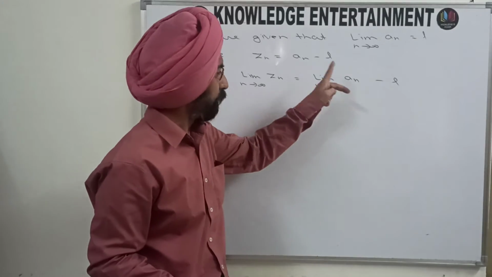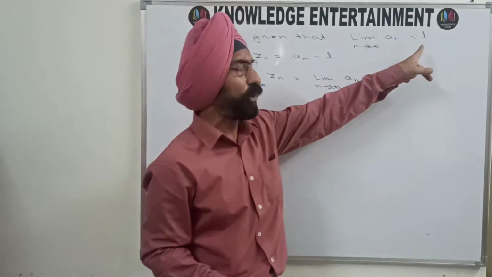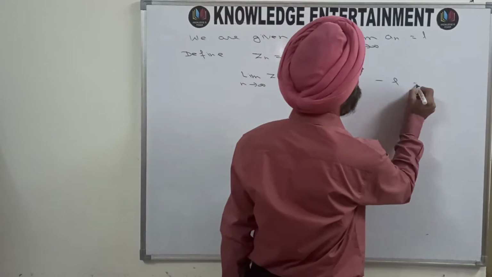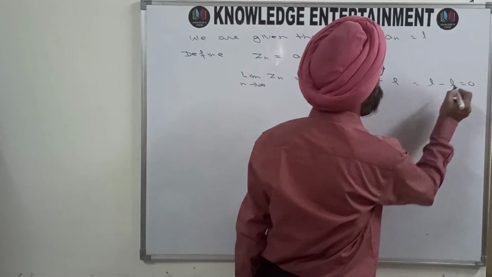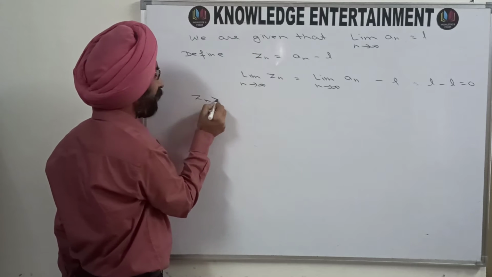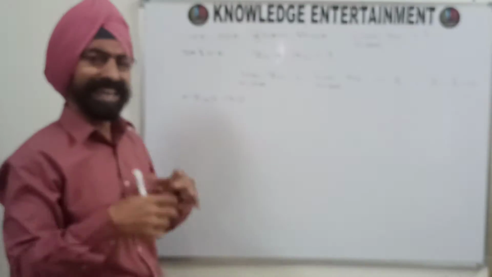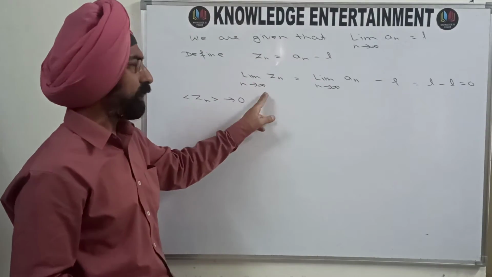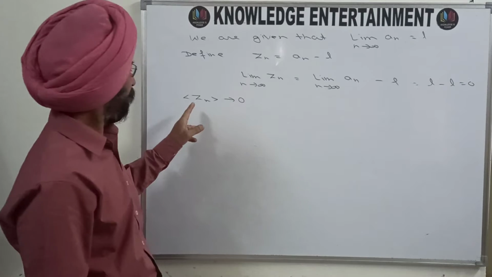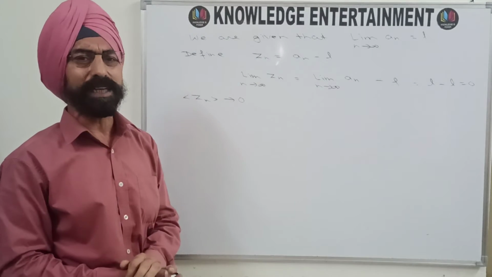Now what is this limit? Limit of an as n approaches infinity is given to be equal to L. So this is equal to L minus L is equal to 0. Or you can say this new sequence Zn converges to 0. Saying that the limit of Zn as n approaches infinity is equal to 0, or saying that the sequence Zn converges to 0 is one and the same thing.